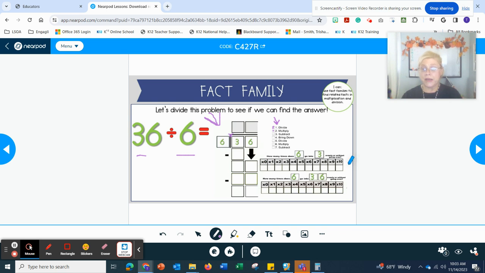We see how many times 6 goes into 3 without going over. 6 times 0: anything times 0 is 0, our hero. 6 times 1 is 6, our mirror. 6 times 2 is 12. 6 times 3 is 18.